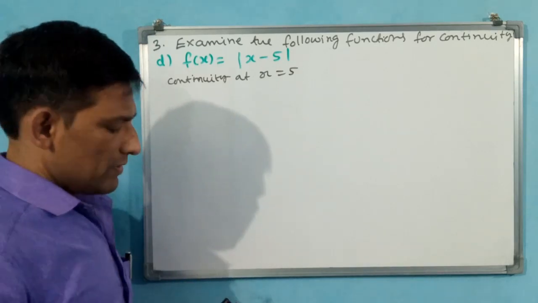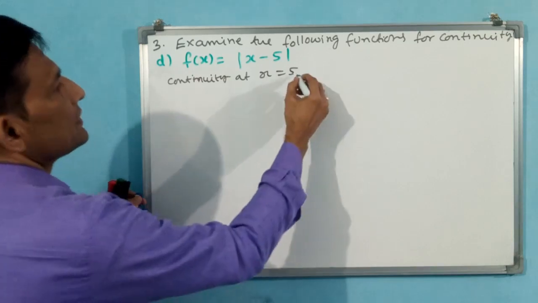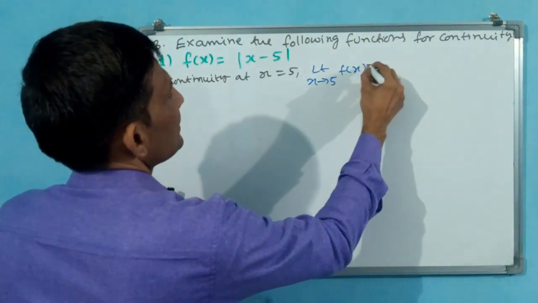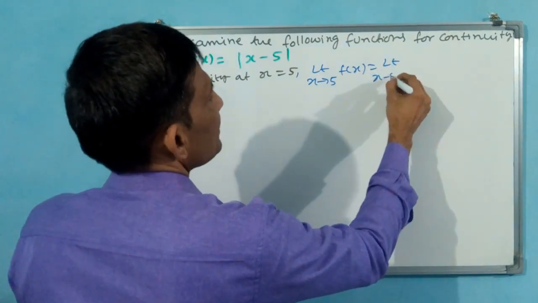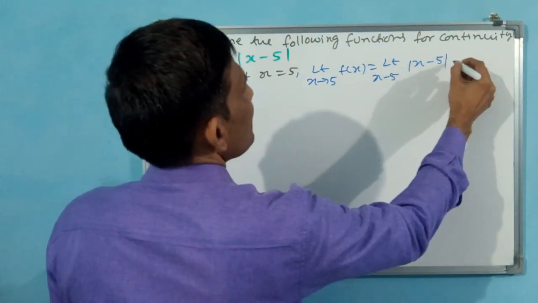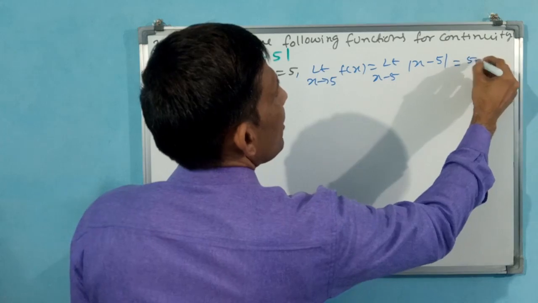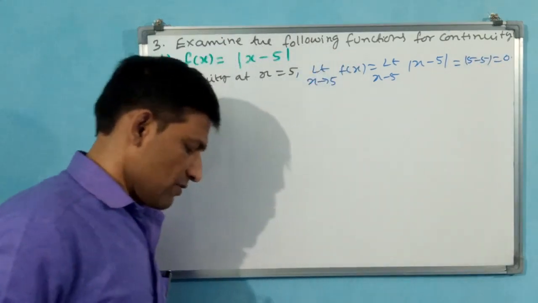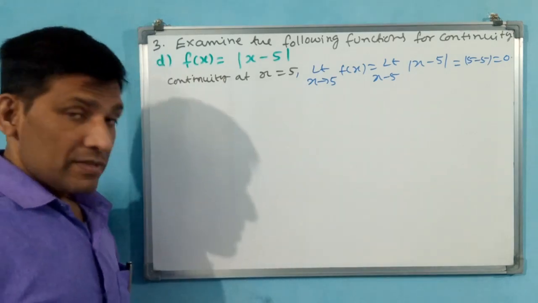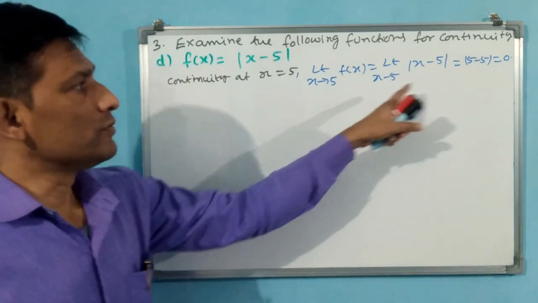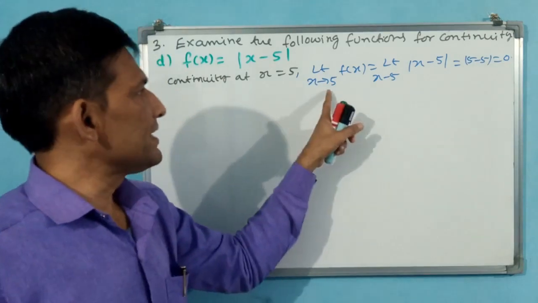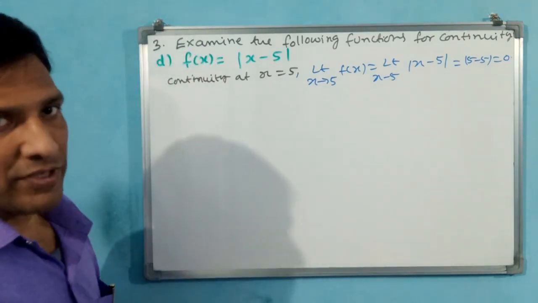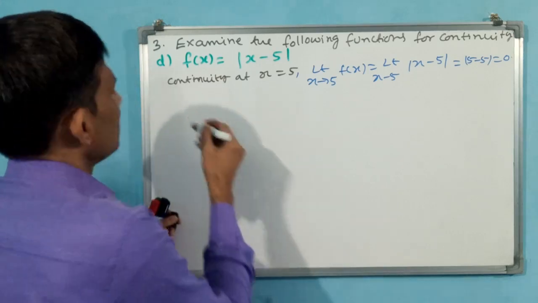Limit x tends to 5 of f of x is equal to limit x tends to 5 of modulus x minus 5, that is equal to modulus of 5 minus 5, which is 0. Now you tell me, slightly less than 5, if you give, 5 minus 5 is 0; slightly greater than 5, if you give, 5 minus 5 is 0. That means the function is continuous at 5. But even then, write down.